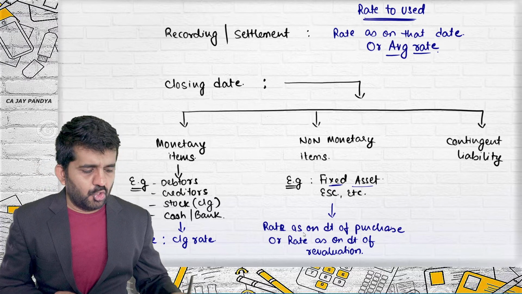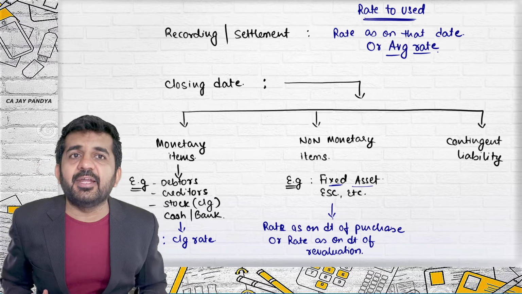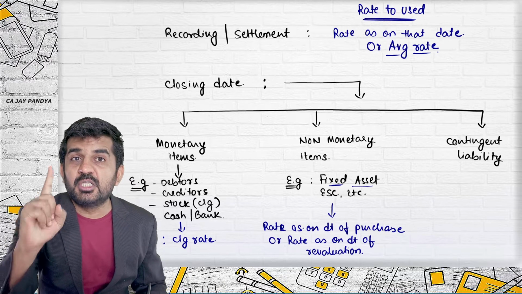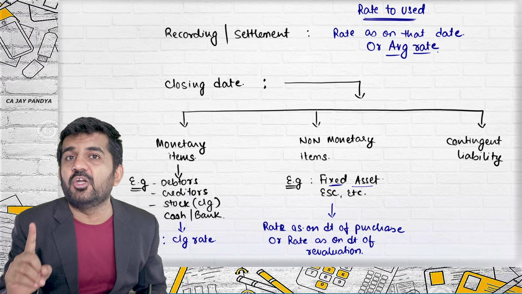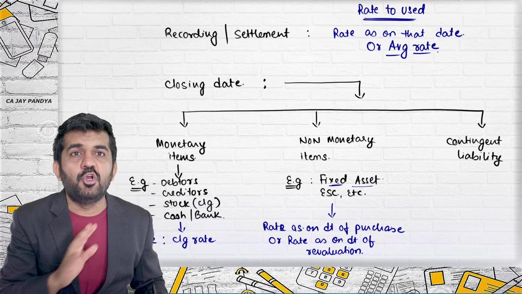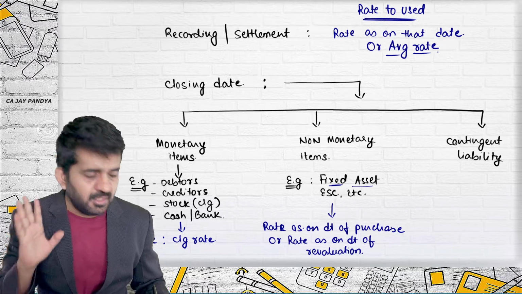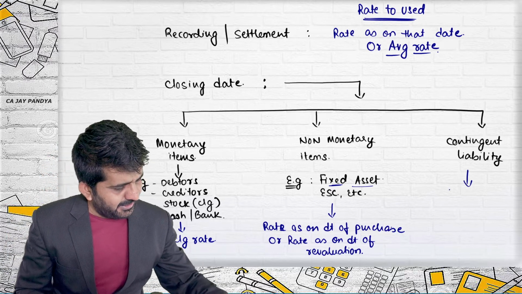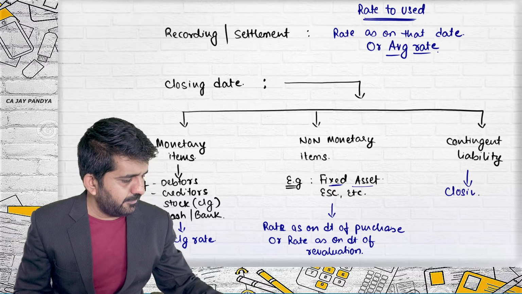Is it all right? So those are non-monetary items and it should be the rate as on the date of purchase. These items are not to be converted into the closing rate. Contingent liability, again they are saying it is at closing.